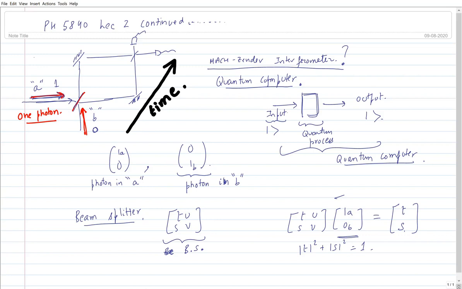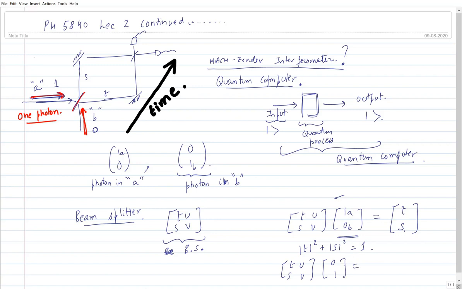Essentially, that means that the probability of having the photon in either of the ports is conserved. That's essentially what's happening. And I can do the same sort of analysis for the other port.